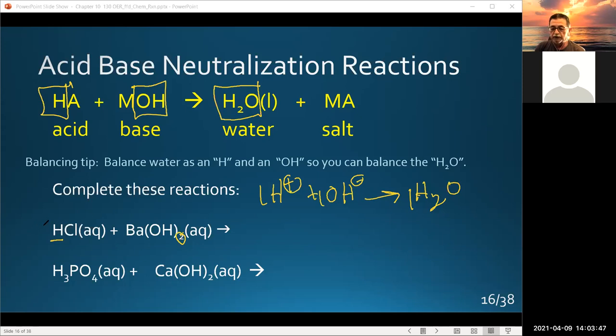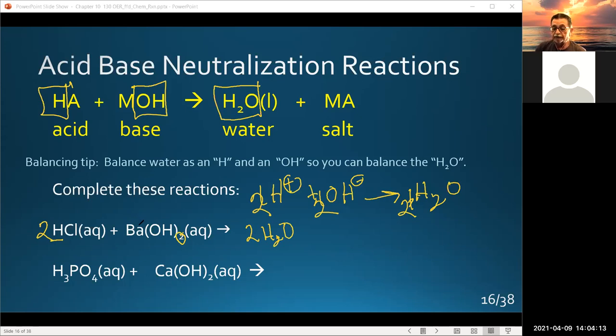So I can easily put a 2 in front of HCl. Okay? Because if I've got 2 of these, I need 2 protons to balance out, to neutralize the hydroxide and the proton. Which, guess what? It gives me 2 waters. And so I've got 2 waters sitting here. Okay? So I'm halfway there.